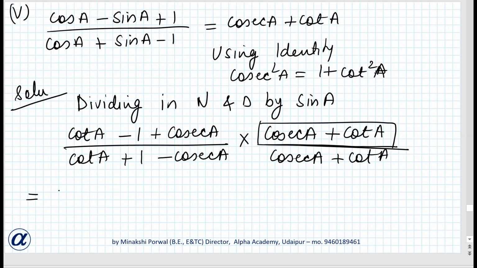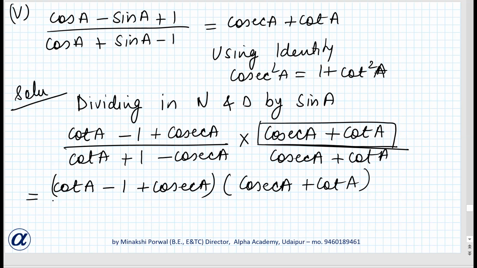Okay, so I am writing this as it is, because I want this other term in the numerator, so I am not multiplying them. But in the denominator I'll be multiplying both the terms.